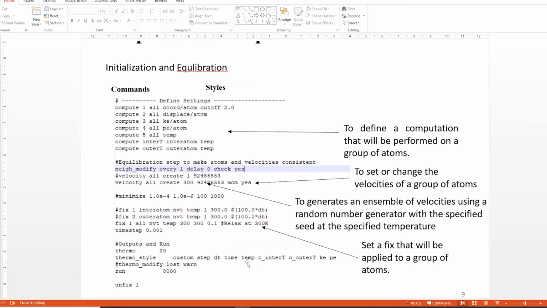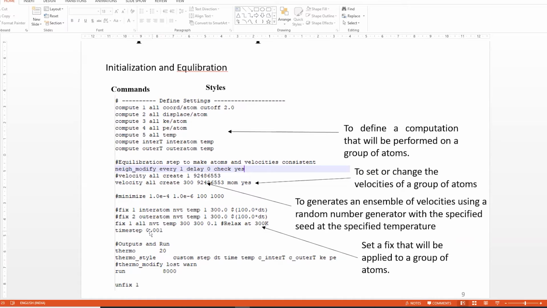I'll show you the actual simulation. So here you can show the step, size, time, okay, temperature of the atoms. Like in my case, I have shown the inter atom temperature, outer atom temperature, potential energy, kinetic energy. So at each time step you can show these parameters. Okay. So after minimization, you need to unfix, because here I have used NVT for the minimization.